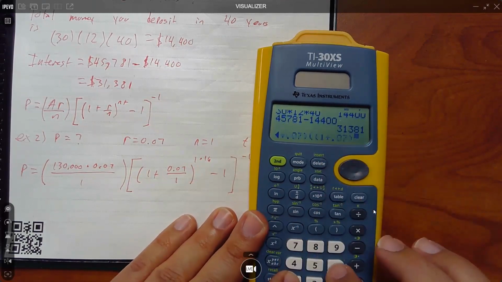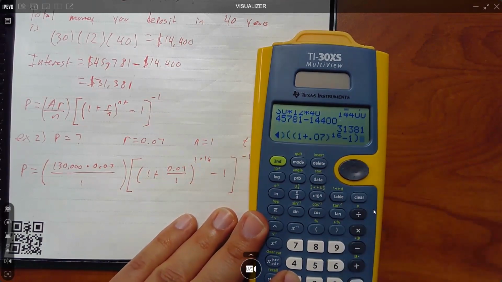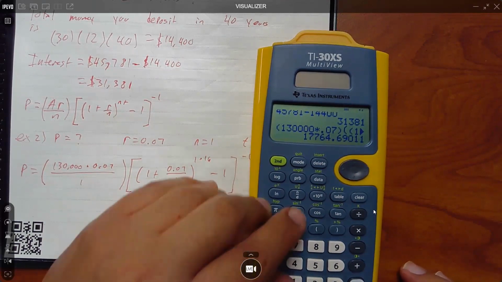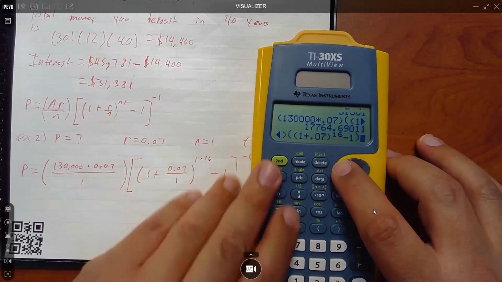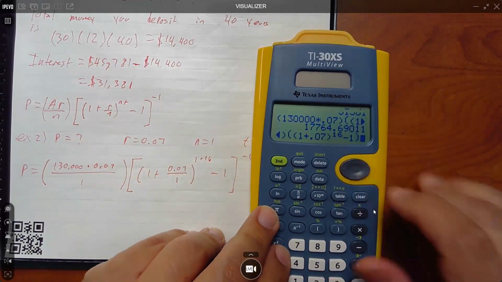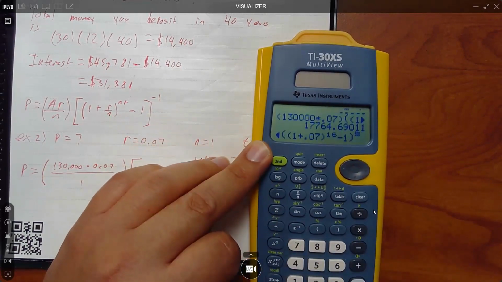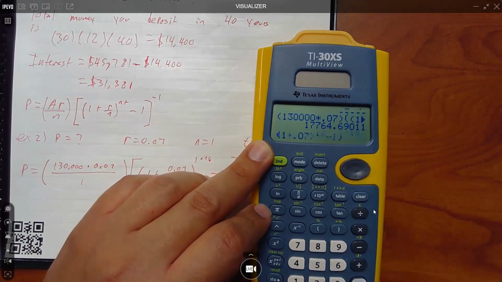To the 16 minus 1, second parentheses. Okay, that doesn't sound right. Let me look at this again. Oh, forgot the negative 1. I'm like, how the heck am I going to put away more money than what I... That's silly.